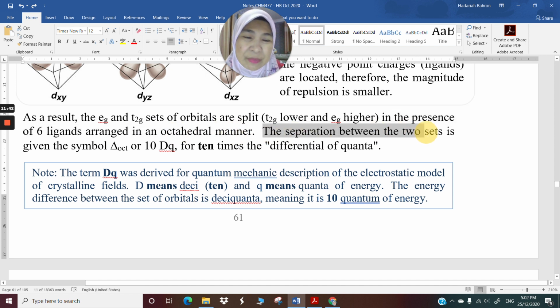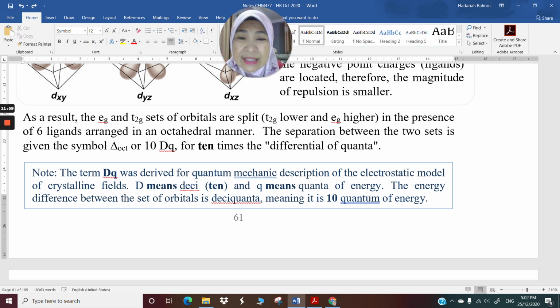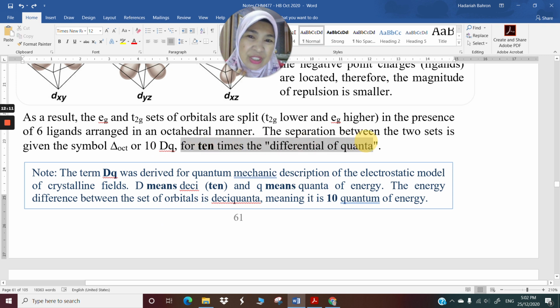The separation between the two sets is given the symbol delta oct, OCT for octahedral. Delta is the energy difference. So the energy difference between the EG set and the T2G set is given the symbol of delta octahedral, delta OCT, or it is also given the term 10Dq, which means 10 times the differential in quanta.